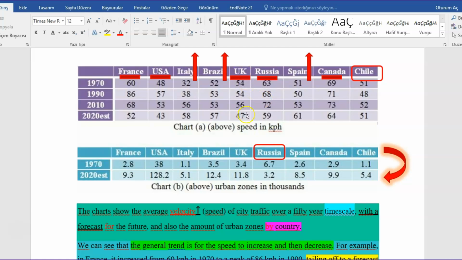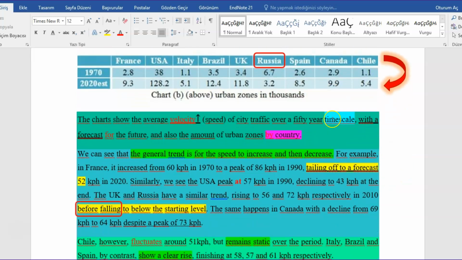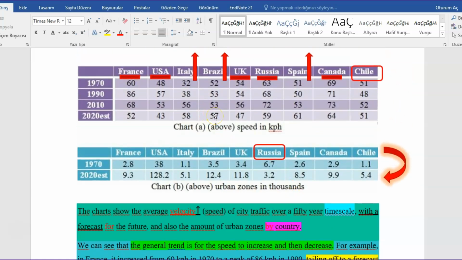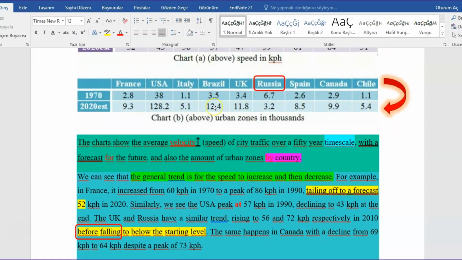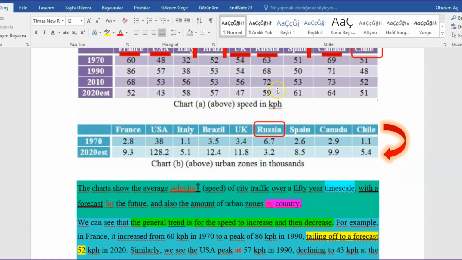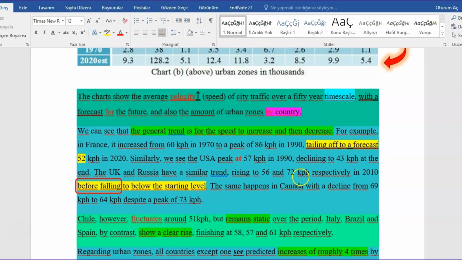Again, the UK and Russia and Canada. Okay, the UK and Russia have a similar trend, rising to 56 and 72 kph respectively in 2010 before falling to below the starting level.